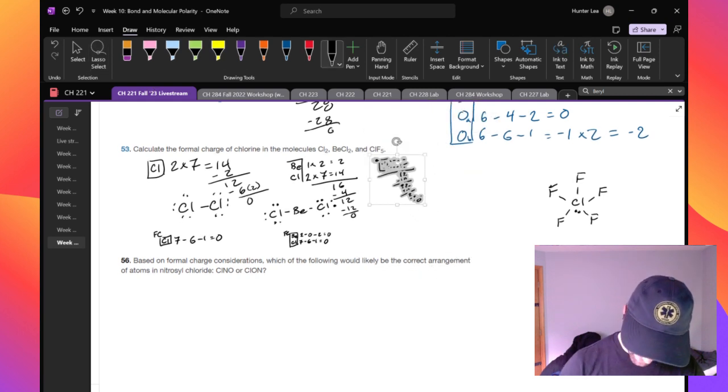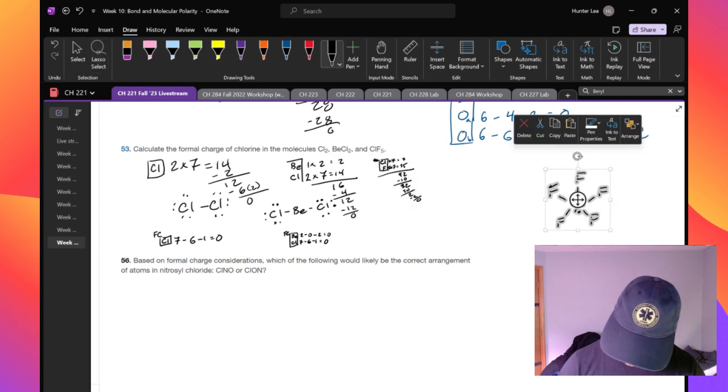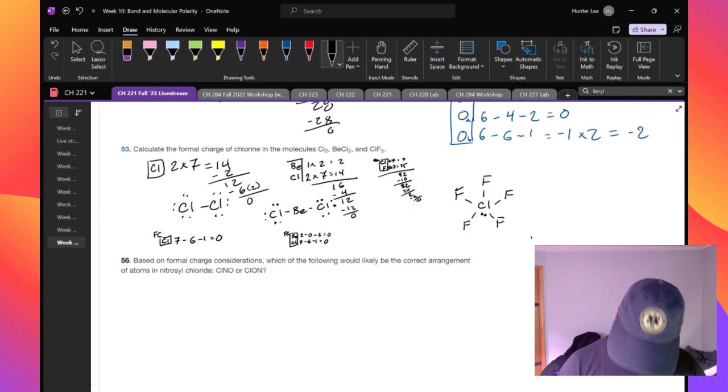Fantastic. I'm going to go ahead and draw our 6 electrons on each fluorine, just for good measure, in case we have to mess with them.